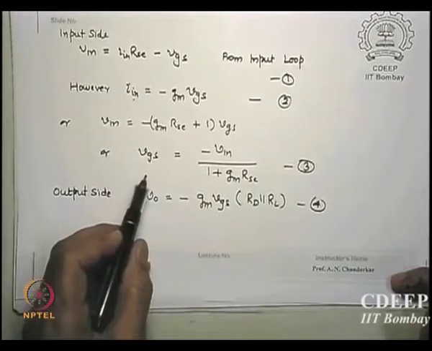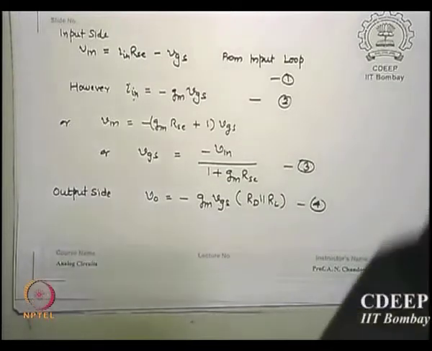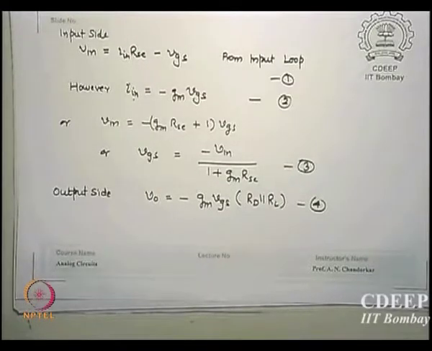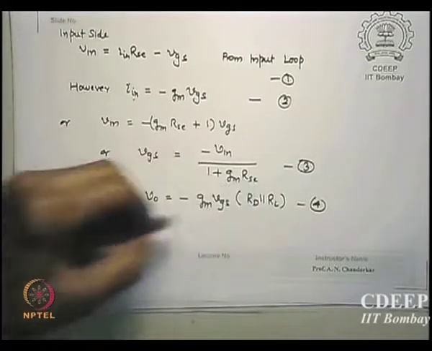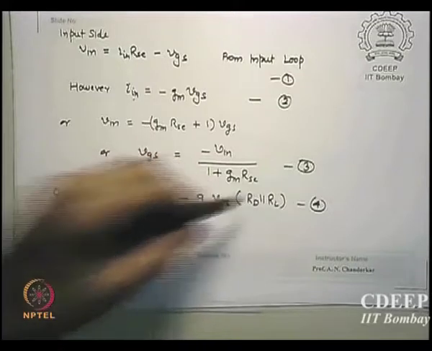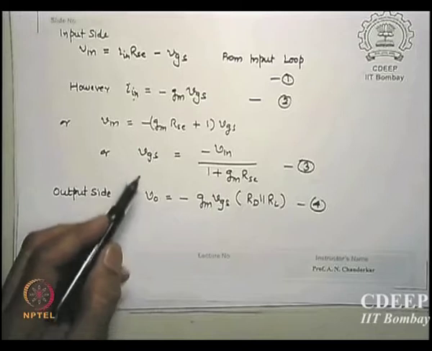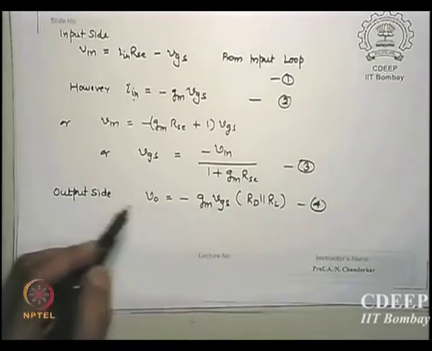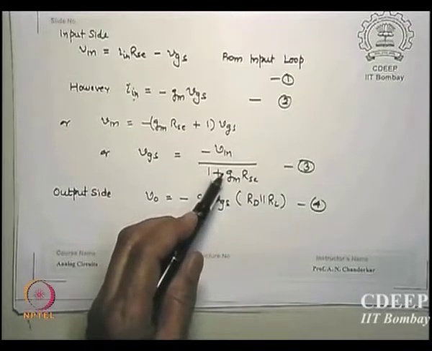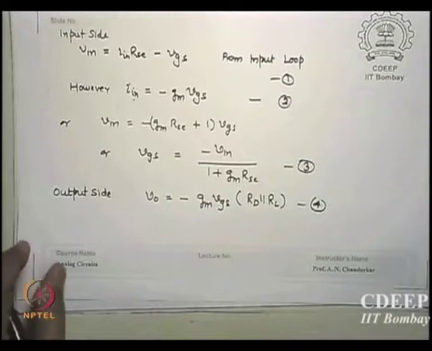VGS I have just calculated. Is it okay? So VGS is minus Vin upon 1 plus GM RSC, and V0 is minus GM VGS RD parallel RL. So what do I now do? Put this VGS here. Then I have V0 in terms of Vin. Is that correct?